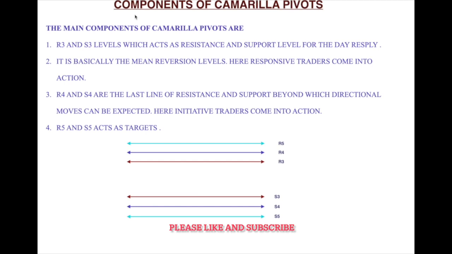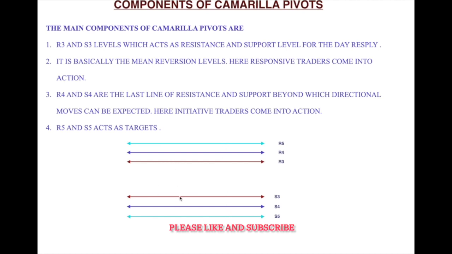What are the components of Camarilla pivots? See, the main components of the pivots are, first of all, the resistance R3 and S3. This is the main component. Based on this only, other components will come into the picture.